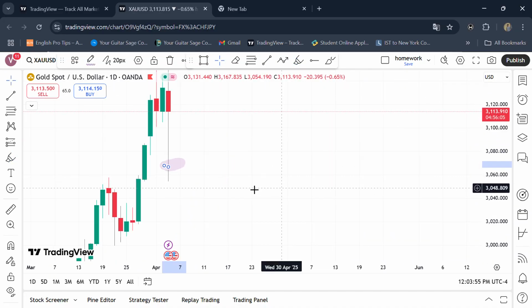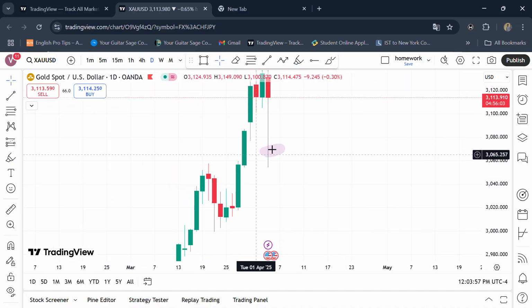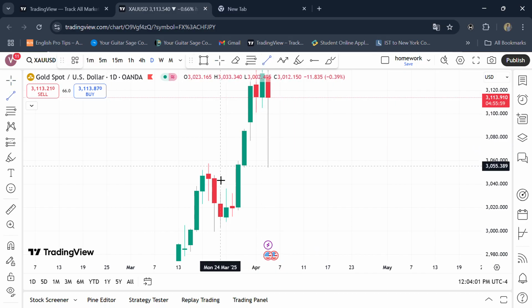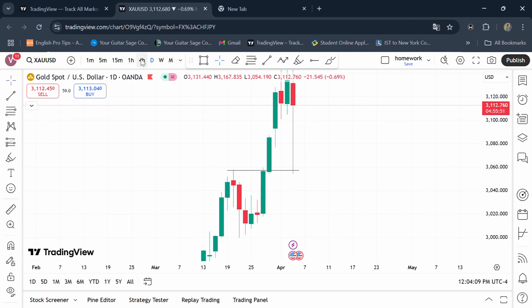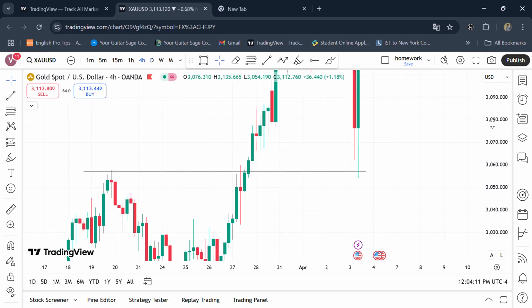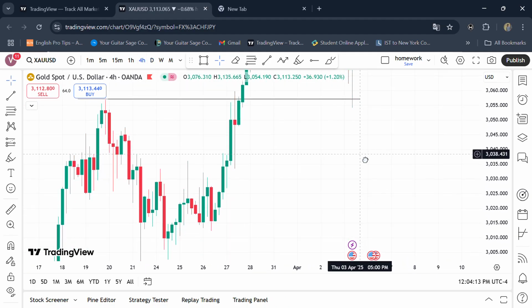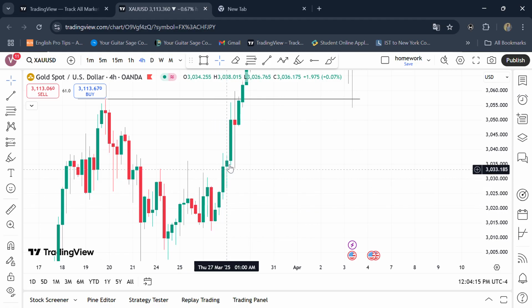Now if you see, I'll remove this. There was this swing highs liquidity that it was tapping. Next, even if you go on a lower time frame, there are no major order blocks in this entire region.